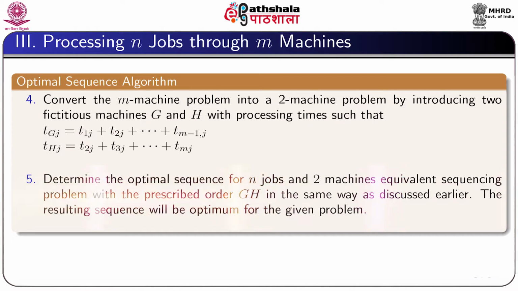We then determine the optimal sequence for the n jobs and 2 machines equivalent sequencing problem with the prescribed order GH in the same way as discussed earlier. The resulting sequence will then be optimum for the given problem.